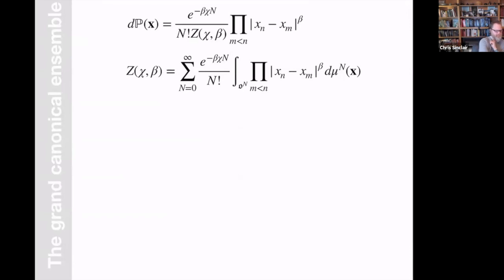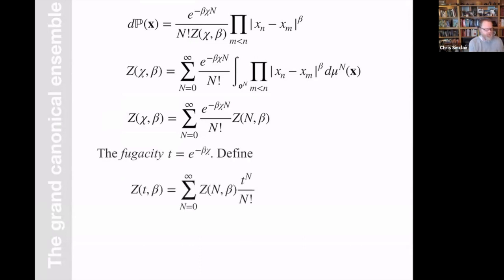Okay, all right. So at the end of the day, what we get is the grand canonical partition function. Here I'm still writing it in terms of the chemical potential, and I'm about to do a substitution to get rid of it. But you can see right here that it is essentially just a generating function of the canonical partition functions. And we're going to make that more explicit, as Joe did before.